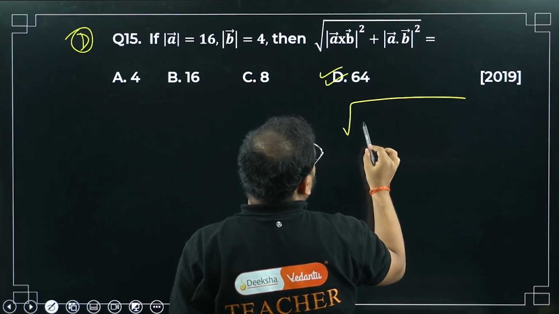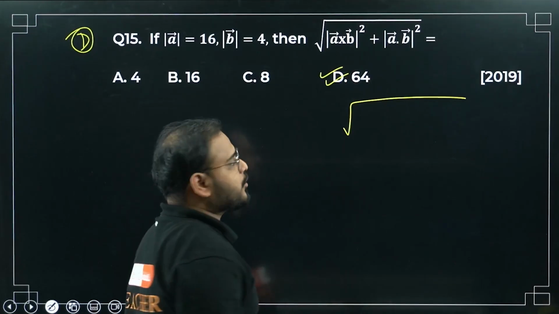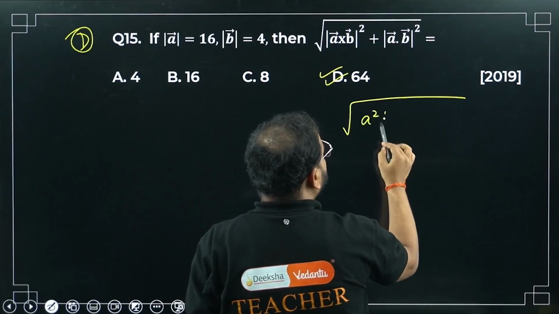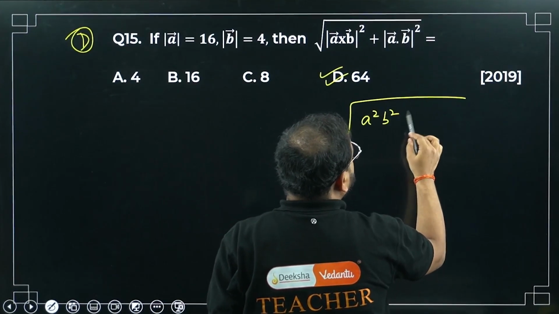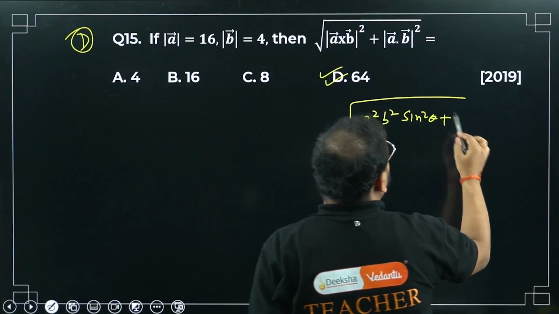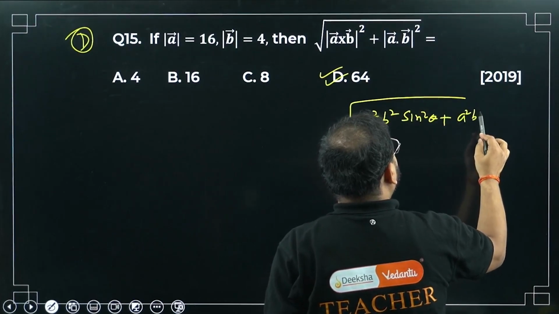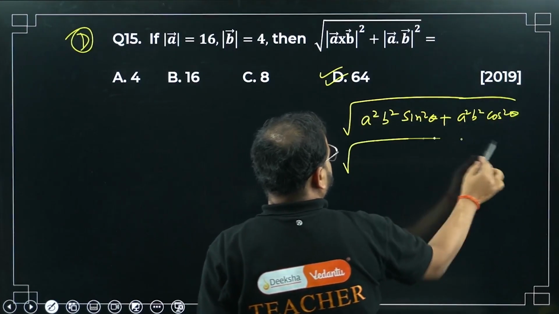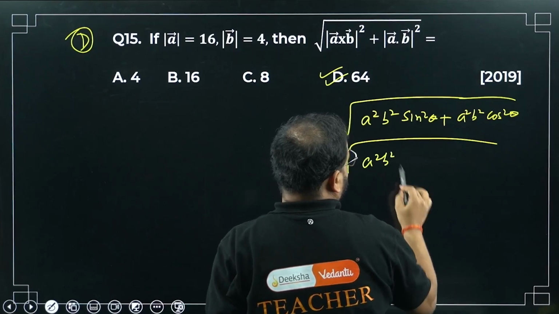How much is that going to be? A cross B the whole square. What is A cross B? A B sin theta. So I get A square B square sin square theta. My plus is there, right? And what do I get over here? A dot B, again A square B square cos square theta. Take A square B square common. What do I get?